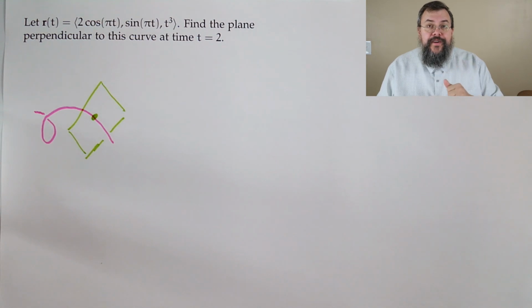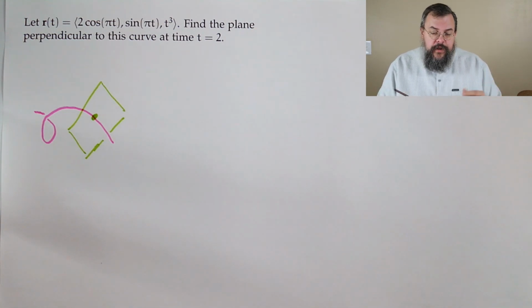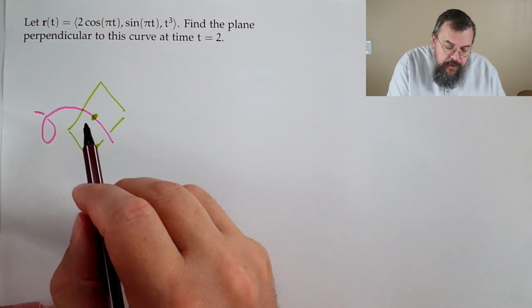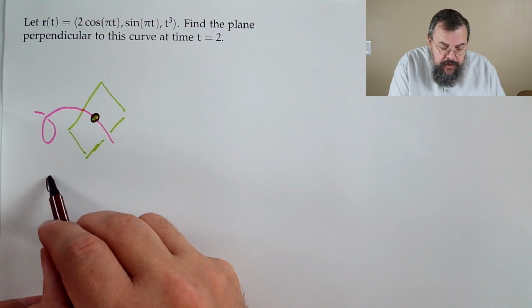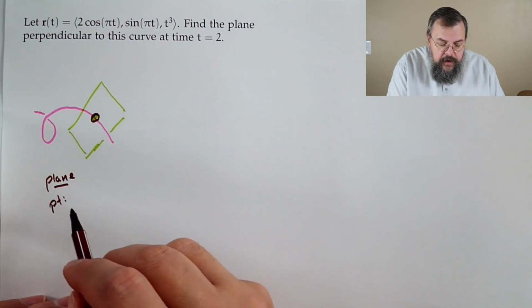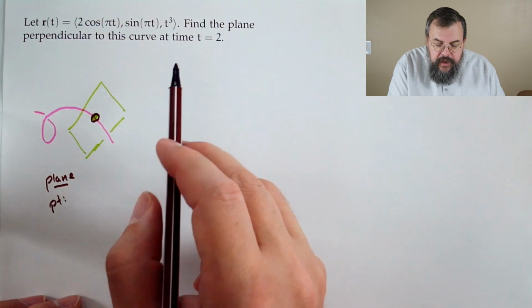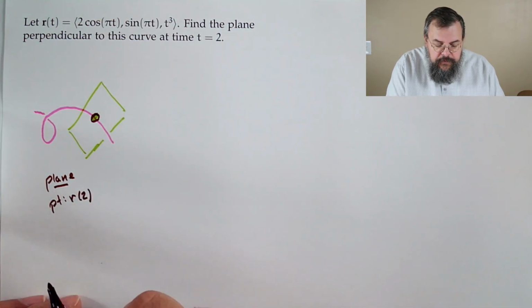We need a point and a normal vector. So let's think about where that information comes from. How about the point? Well, the point will be this point right here. So the point on our plane will be our vector. It's going to be what happens at time 2. It's going to be r of 2.